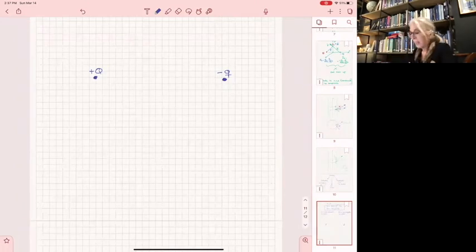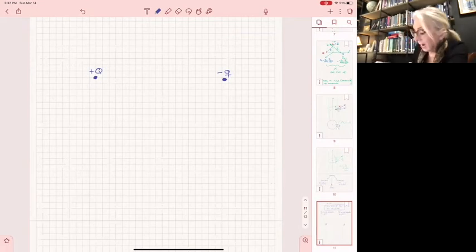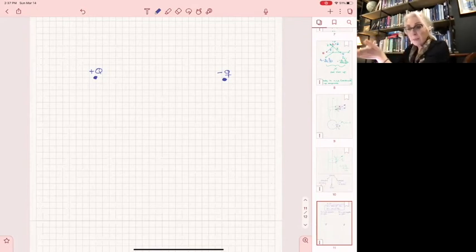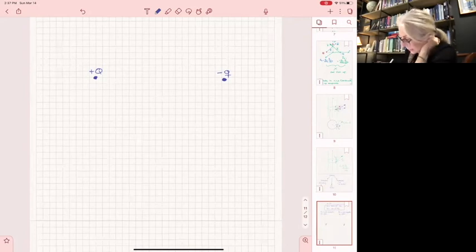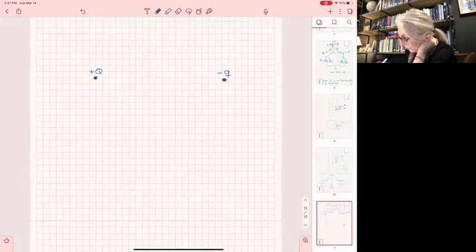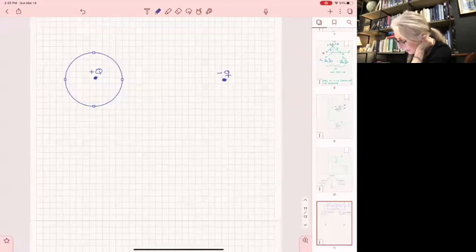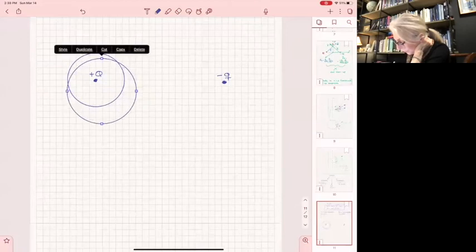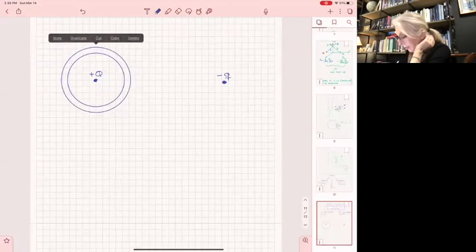The best way to shield the charge, because every point charge like this has spherical symmetry, is to put a metallic sphere, which has some kind of thickness, like this.